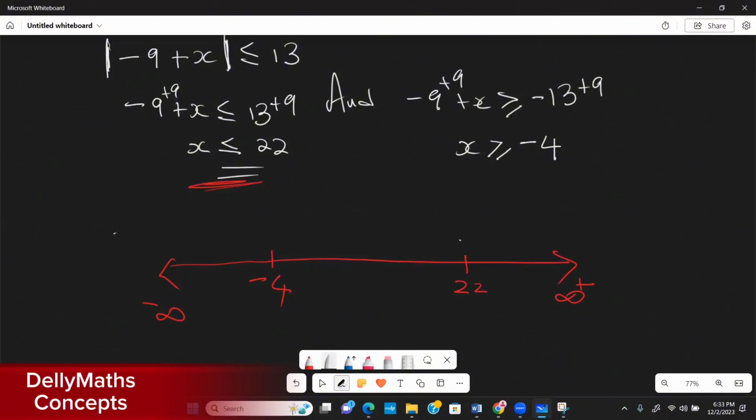Just going to shade on top of it. So let us say we have it here, making sure that we shade this, and I'm going to point towards less than or equal to 22. So I'm heading that way. Now for this one, as you could see, I'm going to shade this because the bar is underneath my inequality. And it's greater than or equal to -4. So that means I'm going this way.